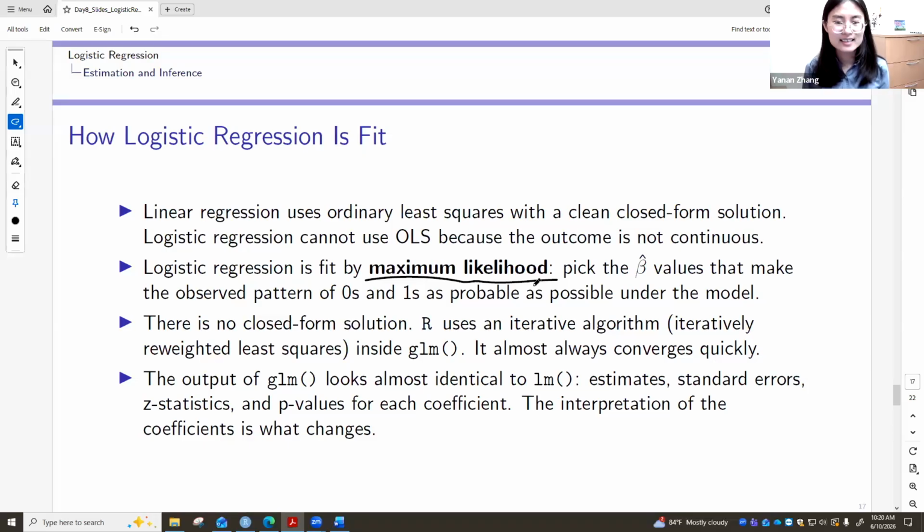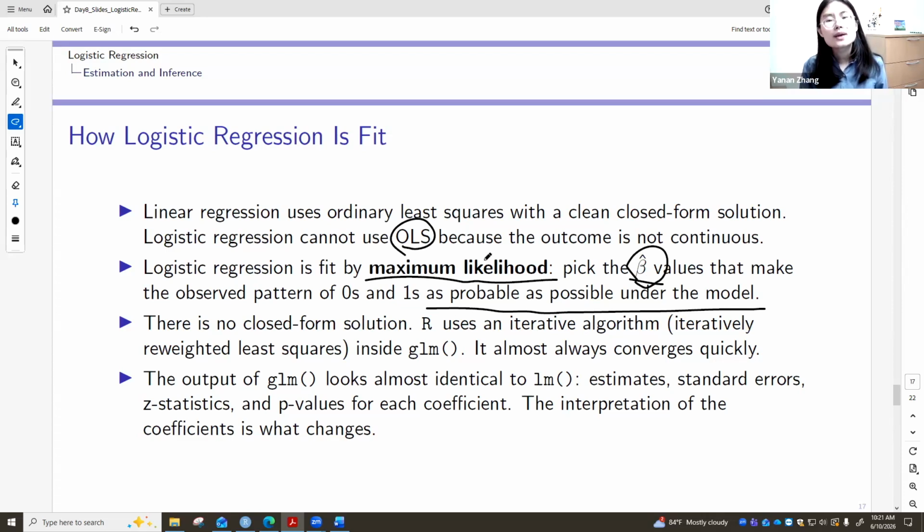Basically, the idea is we want to get the beta hat, which is the estimated parameter, so that the likelihood of the data will be maximized. So the likelihood will be as high as possible under these models. That beta hat is what we call the maximum likelihood estimate. Okay. So it's different from the ordinary least squares that we introduced in linear regression.